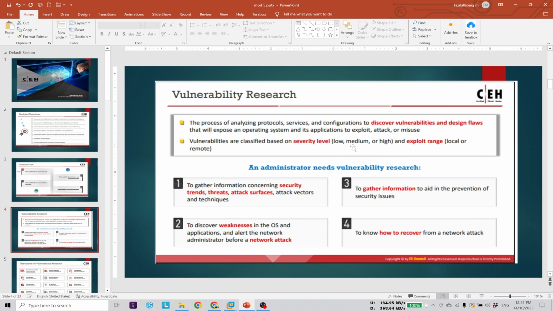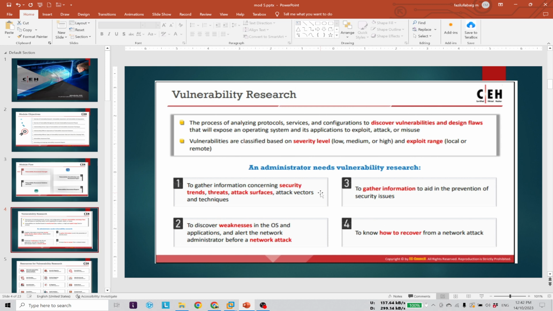That is, information security: what threats are possible, and if we do vulnerability research on a particular web application or an operating system, then we can find out the vulnerabilities and fix them.